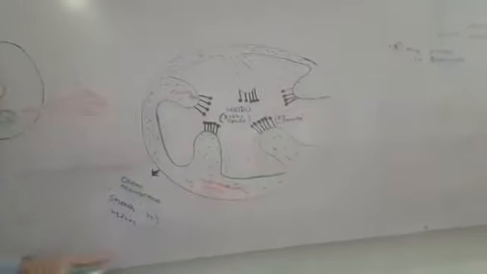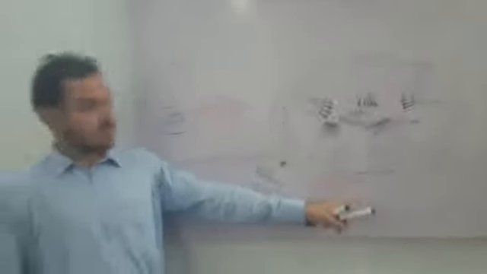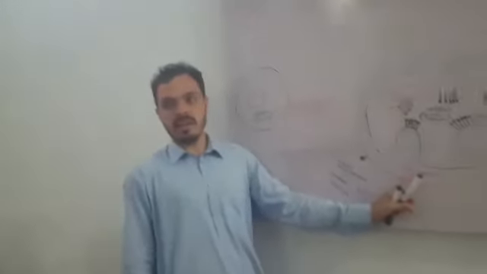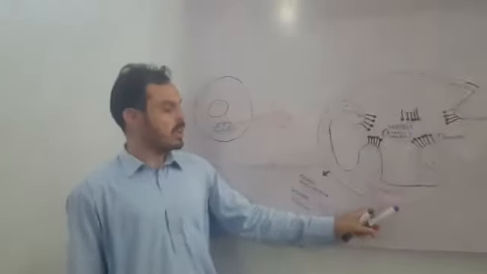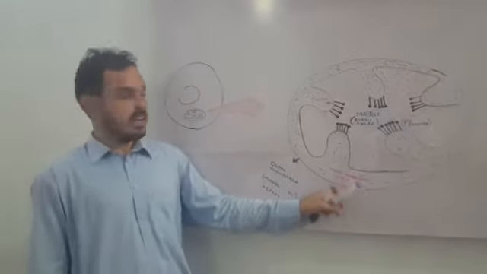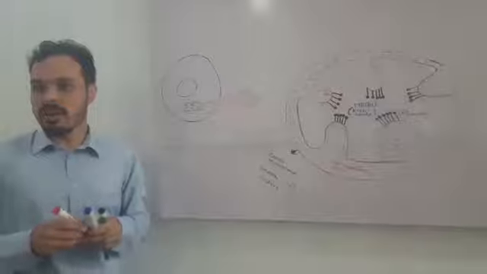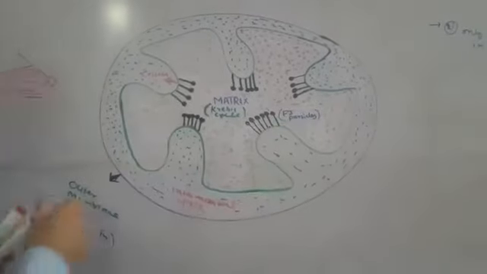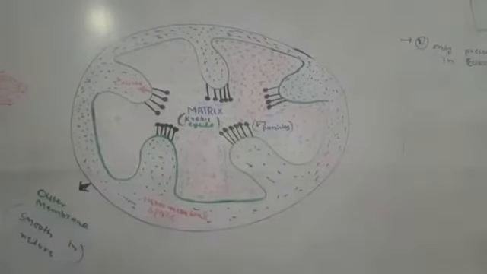Inter means in between, membrane means membranes, space means space. So this is the space located between the outer membrane and the inner membrane, so it is called the intermembranal space. So this is all about the structure of mitochondria.